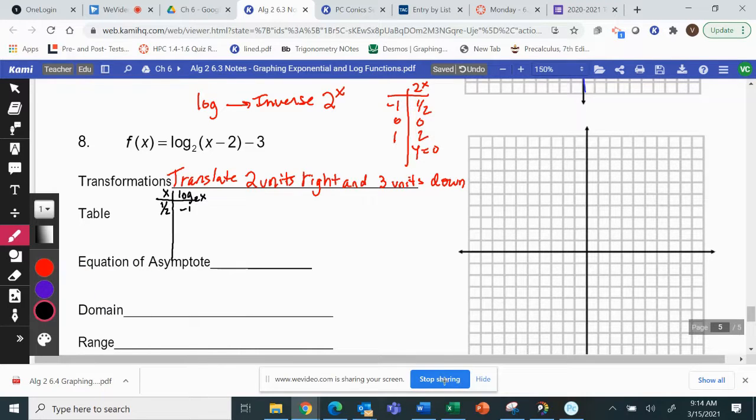Oops, I have something in my inverse wrong. If you're following me, I had to add 2 to my x's, which would change my asymptote to be x equals 2.